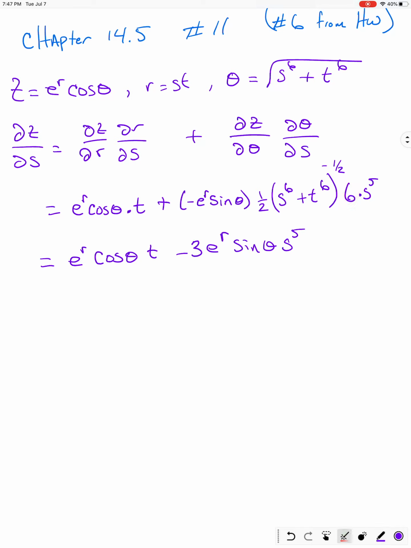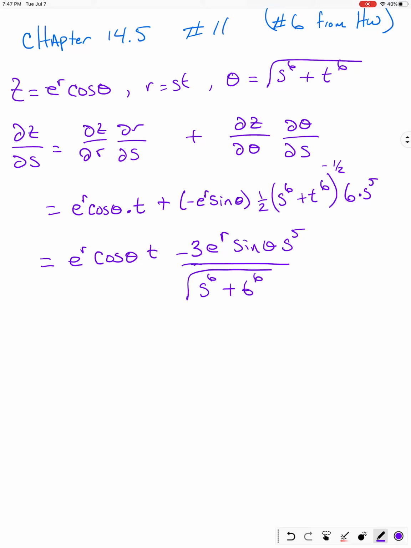And so I've taken care of this and that and the s to the 5th. So now I just have to take care of this part to simplify. All I'm going to do is divide this by the square root of s to the 6 plus t to the 6 on the bottom.